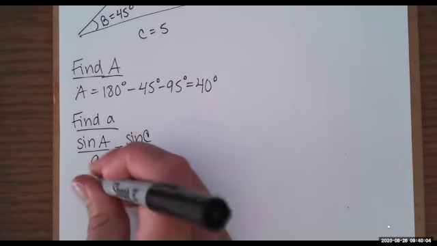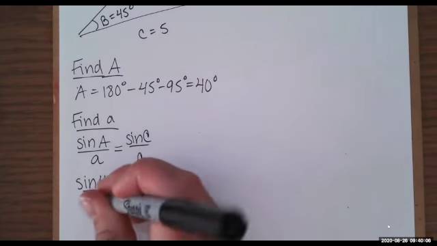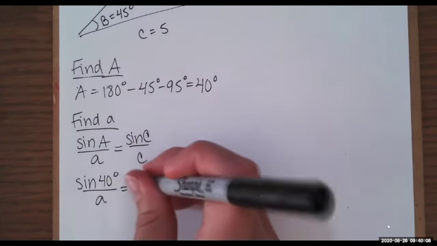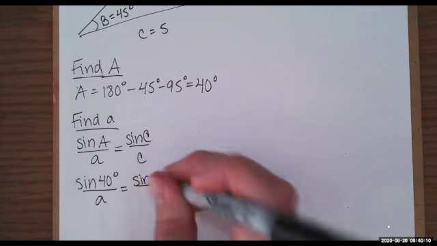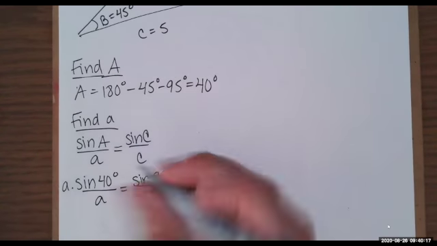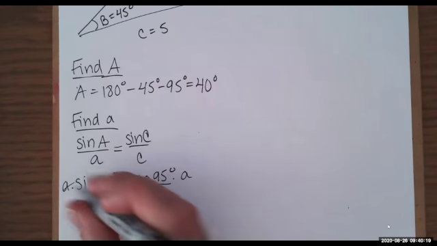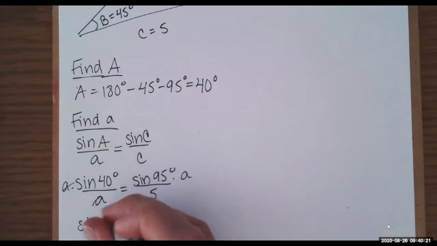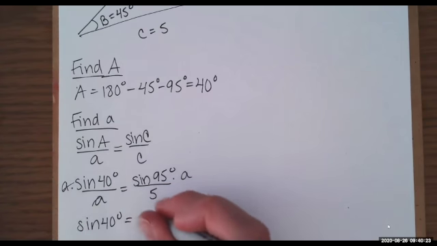We have sine of 40 over A, which is what we're looking for, is equal to sine of 95 over 5. We need to solve for A, so I'm going to multiply both sides by A, get that out of the denominator there. So I get sine of 40 is equal to A sine of 95 divided by 5.